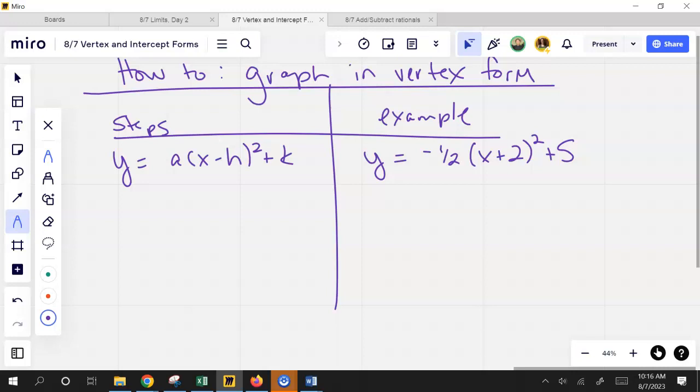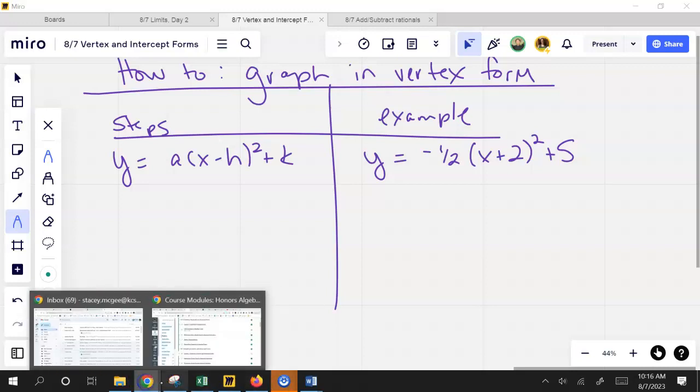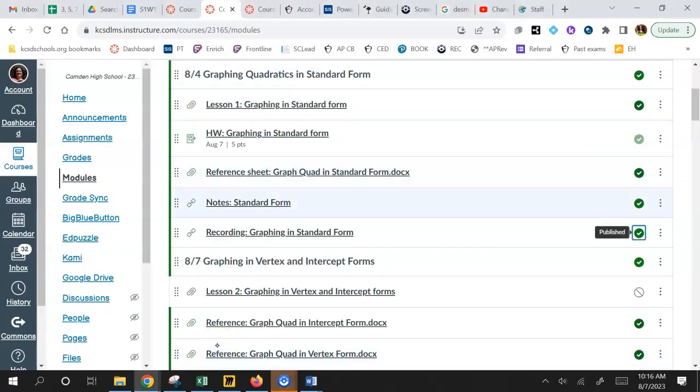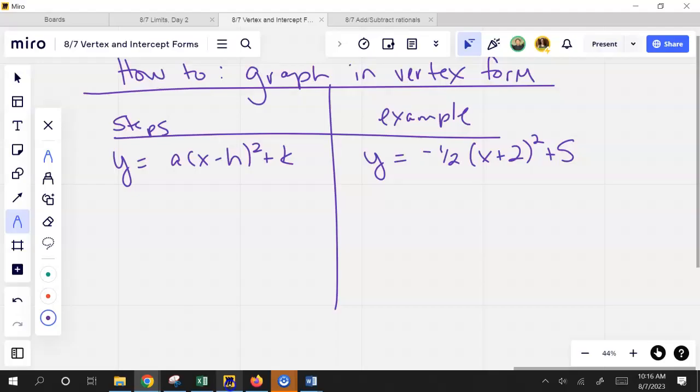And I do a new one each day so you don't get confused. So yeah, you can still go back and get it. They're all active. If you go to Canvas, it says Notes Standard Form. That'll take you to the Miro board for that day.